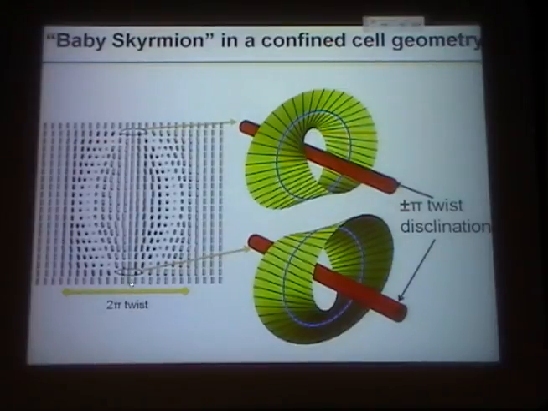Now, in the case of this baby Skyrmion configuration, you can see that the director of the double twist cylinder is matched to perpendicular boundary conditions by means of loops of two disclinations, twist disclinations, and the structure of those is depicted in here.